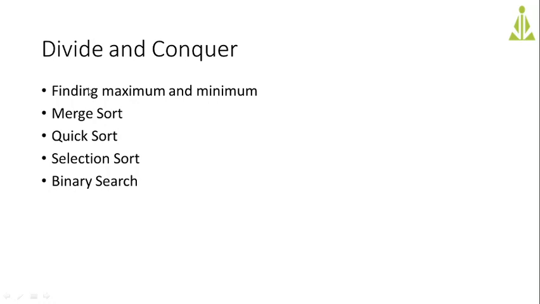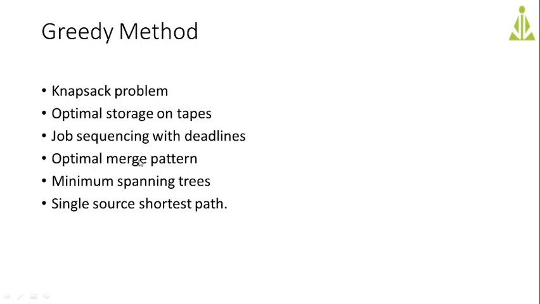So we will see what is divide and conquer. These are the things we are going to learn in this unit 2, first chapter, that is divide and conquer. The second one is the greedy method. In the greedy method we will have the knapsack problem. In the name itself you can see it is a greedy method.